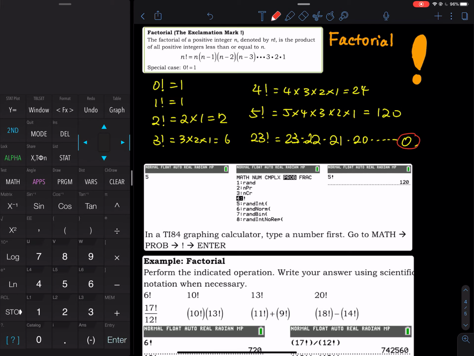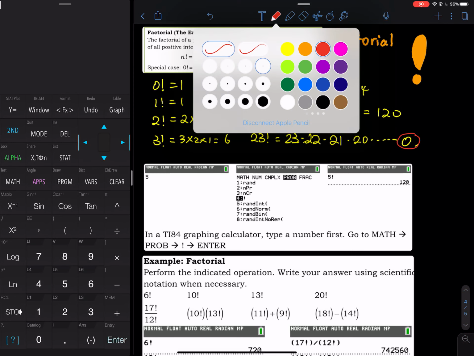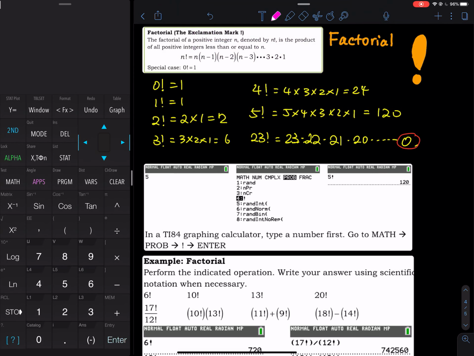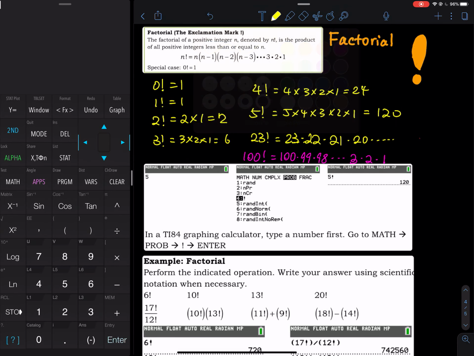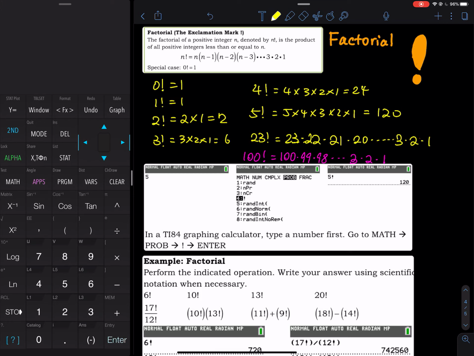Let's say you start at 100 factorial, so you go 100, 99, then 98, all the way to 3, 2, 1, and then stop, no 0, because once you multiply by 0, the entire thing becomes 0. So let's just erase the 0. The ending should be 3, 2, 1, no 0.